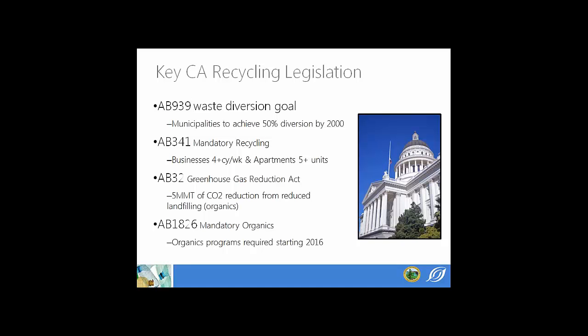What they recognized is that the emissions from the landfills were directly responsible for a large portion of not only the environmental pollution, but the greenhouse gases that were being generated in the atmosphere, primarily due to organics. That piece of legislation led to the AB 341 mandatory recycling, and now it's also led to another historic piece of legislation which will go into effect in 2016, which is our AB 1826.